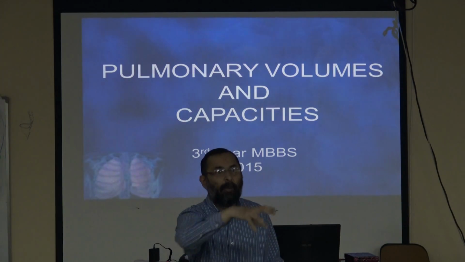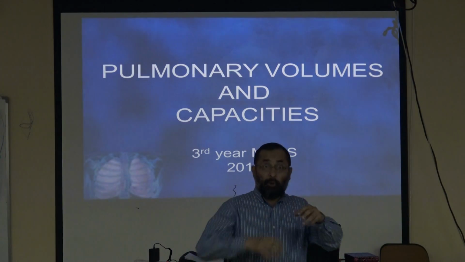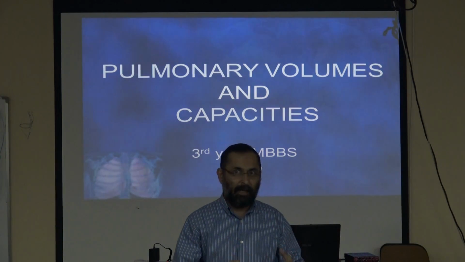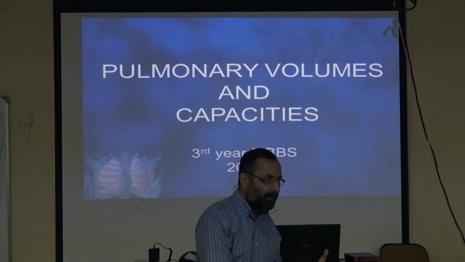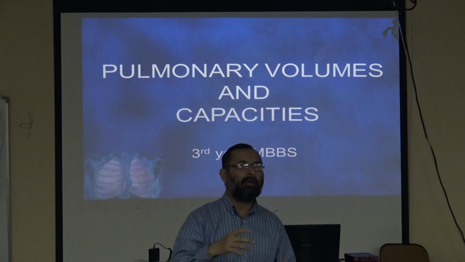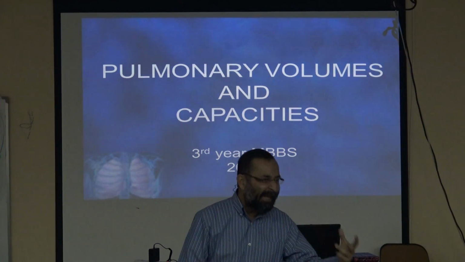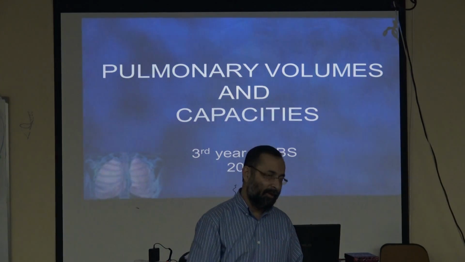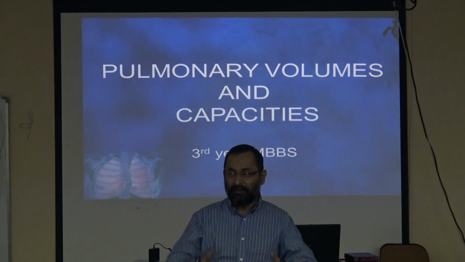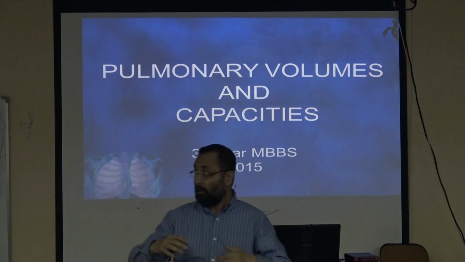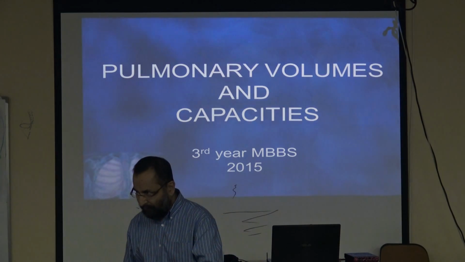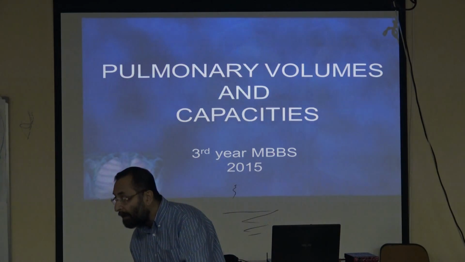But obviously, it varies. Those of us who are strong muscularly and train themselves in the gym, or sportsmen who play, their vital capacity will be much more, because vital capacity effort comes from your muscle activity. The stronger the muscles, the better the vital capacity.